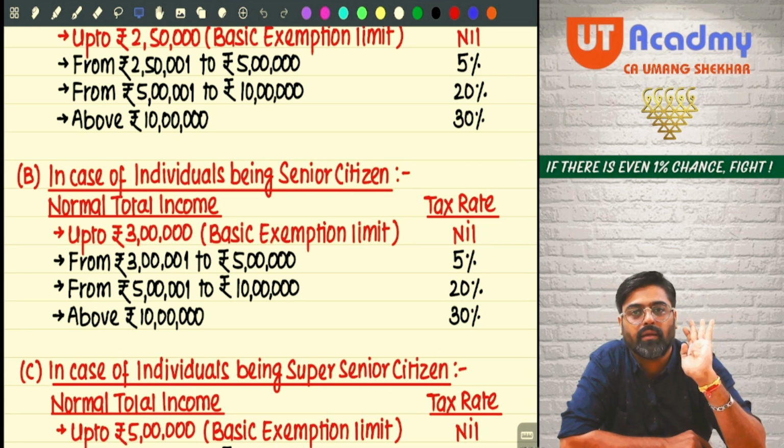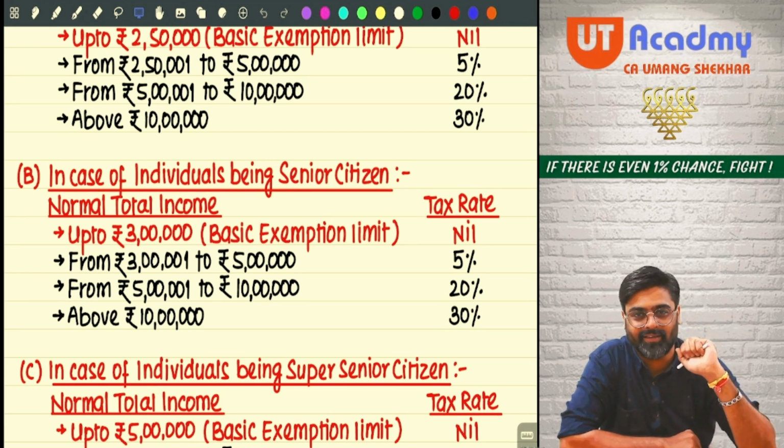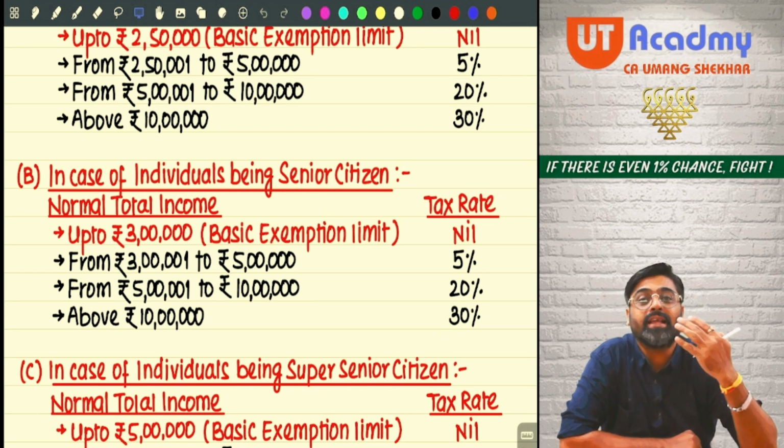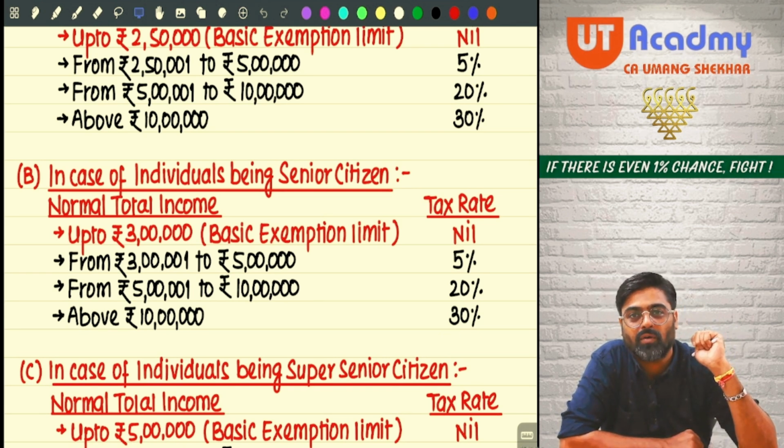Getting my point? Now, what if you are a resident individual, your age is 80 or more? Then you become a very senior citizen. Very senior citizens are known as super senior citizens. What will you call them? Super senior citizens.